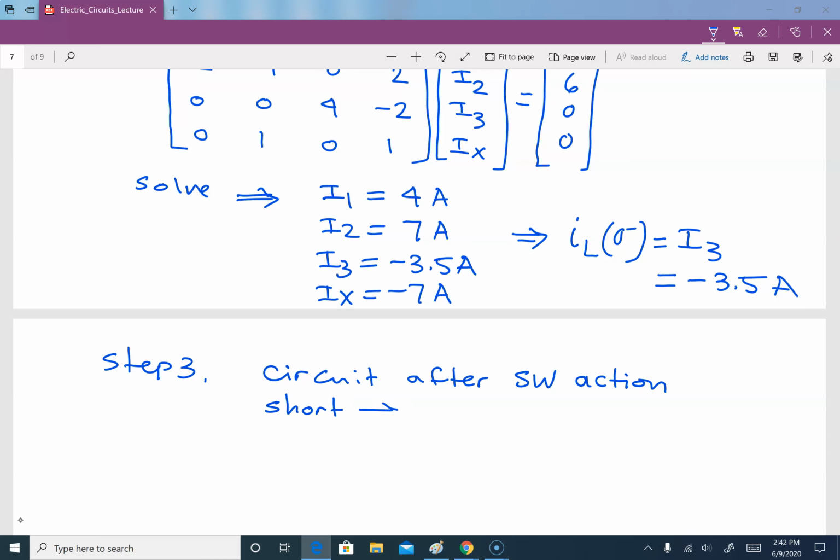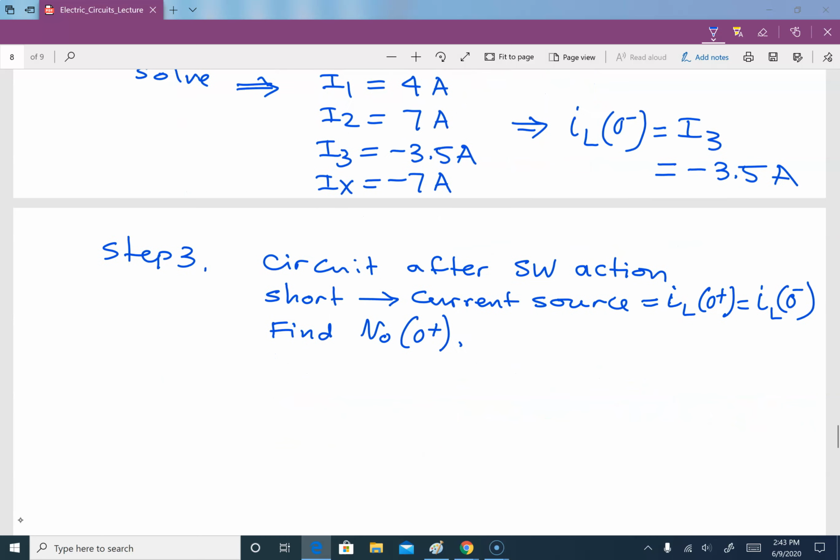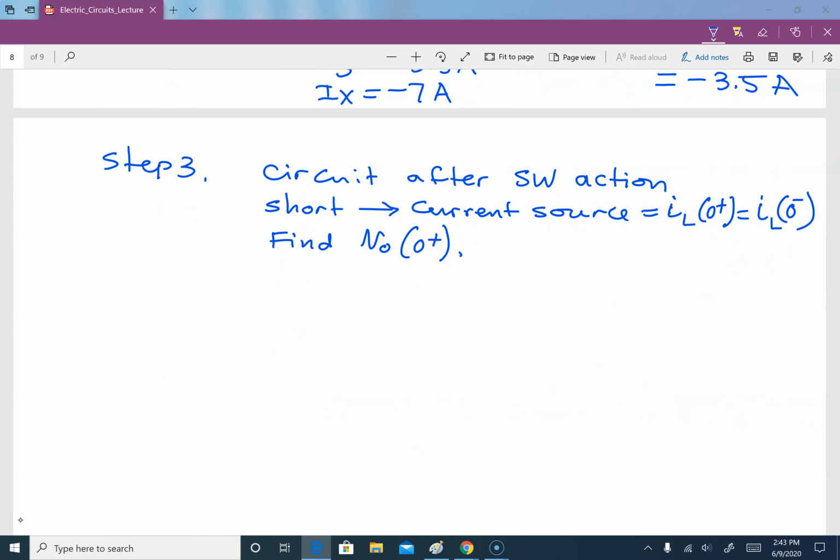Replace the short with a current source equal to IL of 0 plus, and that is equal to IL of 0 minus, and then find the requirement. The requirement in this case is V naught of 0 plus in this step. So this is our circuit.